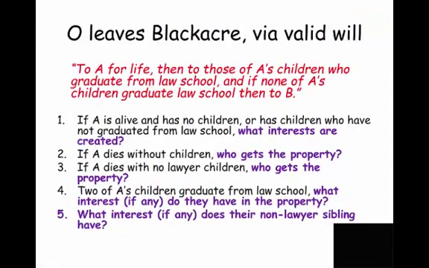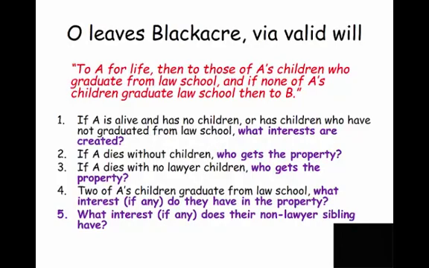Let's assume that O leaves Blackacre to A for life, then to those of A's children who graduate from law school, and if none of A's children graduate from law school, then to B. If A is alive and has no children, or has children who have not yet graduated from law school, those children have a contingent remainder, and B also has a contingent remainder.